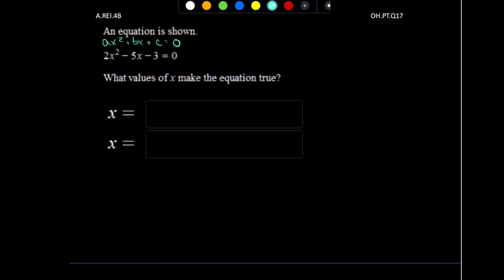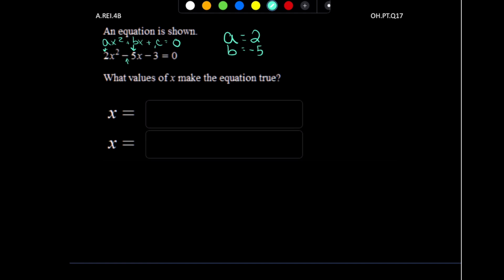Okay? Next step that I want you to follow. Identify your A, B, and C. A is your coefficient of your x squared. So in this case, it would be 2. B, the coefficient of your x term. Here it would be -5. Make sure you catch the negative.